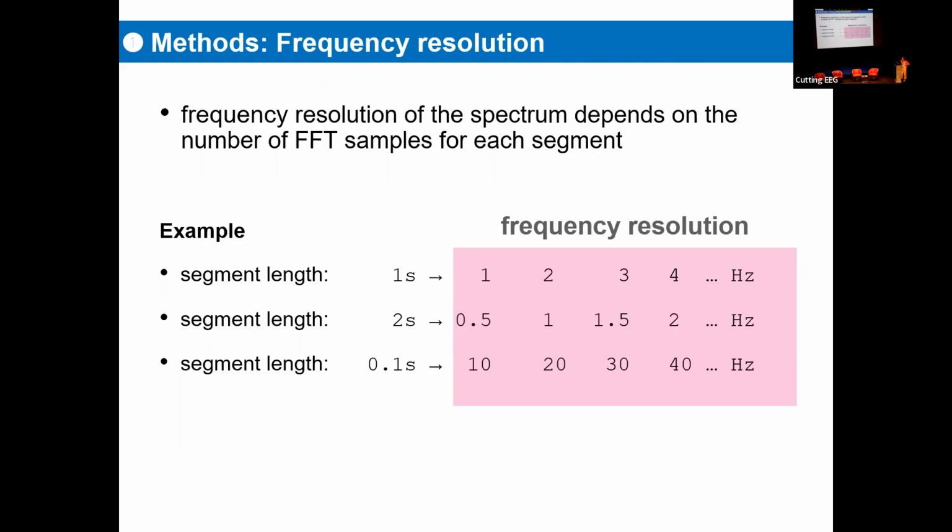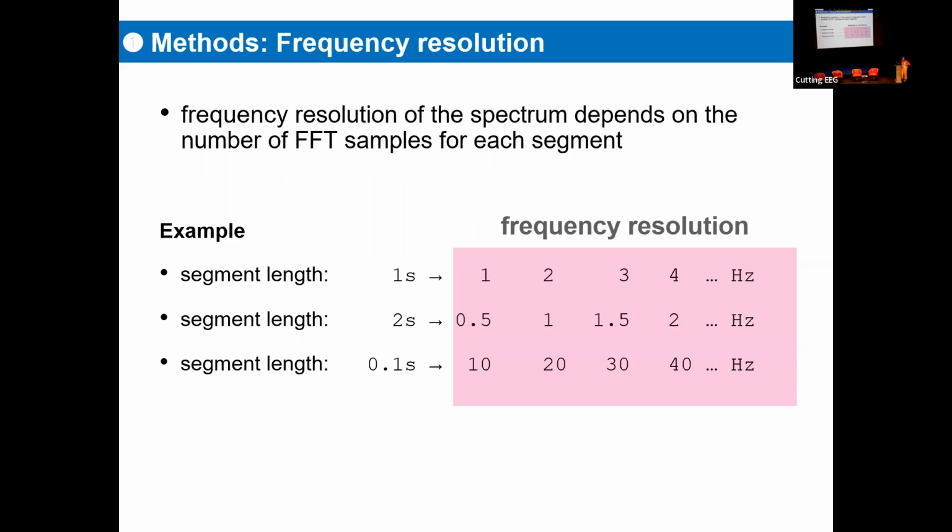If we have a super short segment length of 0.1 seconds, the slowest sinusoid we can fit in there has a period of 0.1 seconds. That's 10 hertz. So our frequency resolution gets very poor if we have only a very short segment length.